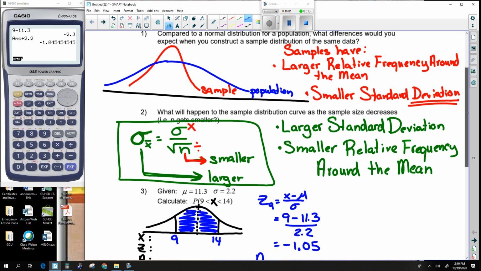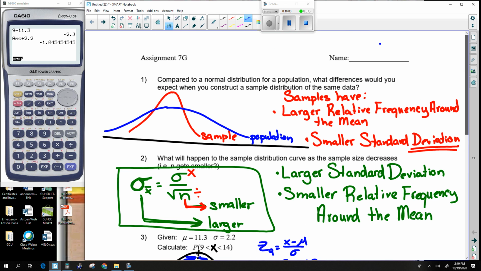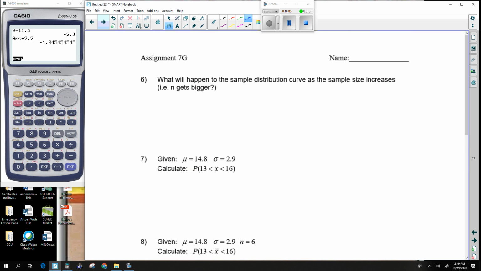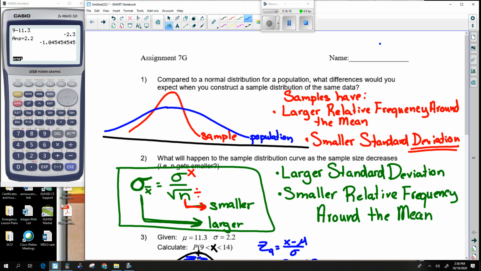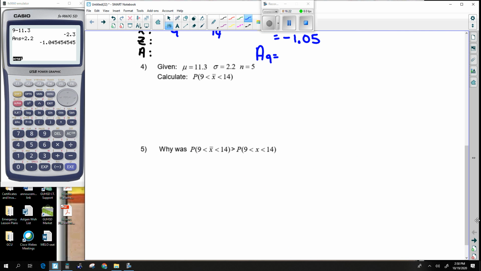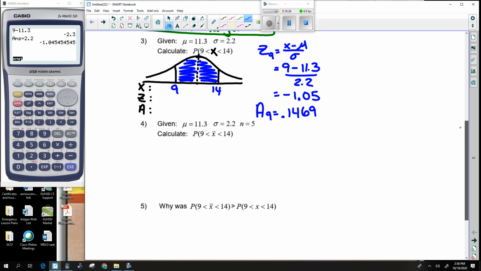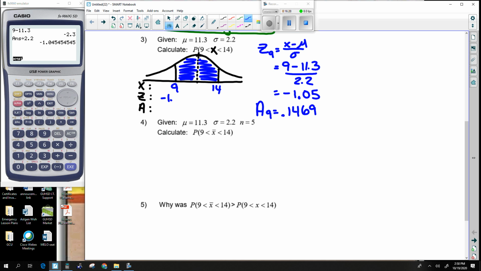Okay, negative 1.05. Okay, do the same process with the 14.